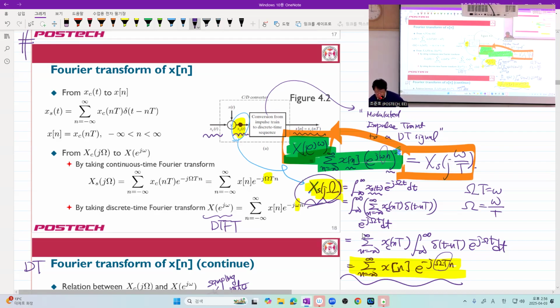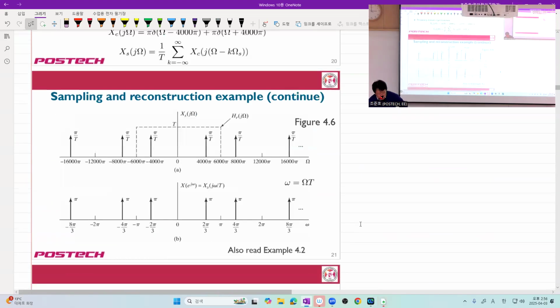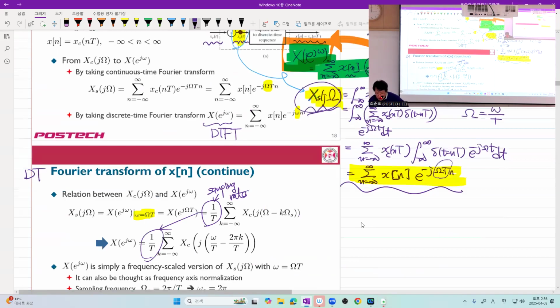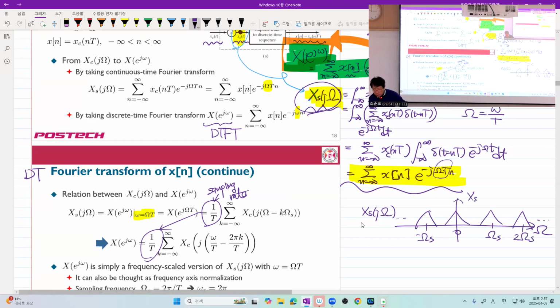Well, there should be some figure. No, okay. Let me draw. So you have something like this. Am I right? We assume that the Nyquist condition is met.